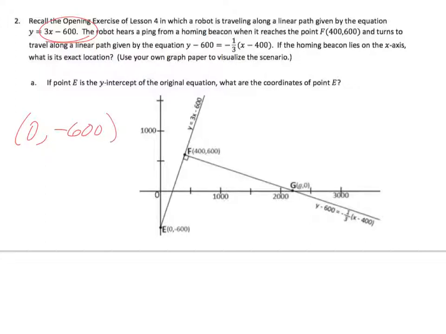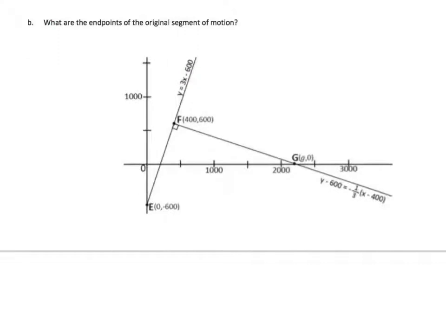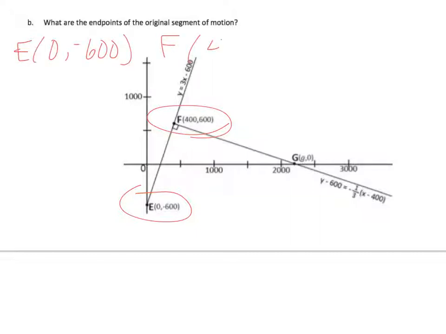So we've got that one, and we'll label it E. E is 0, negative 600. What are the endpoints of the original segment of motion? So we're going from E to F. So I've got E is 0, negative 600, and F is 400, 600. Endpoints of the original segment.